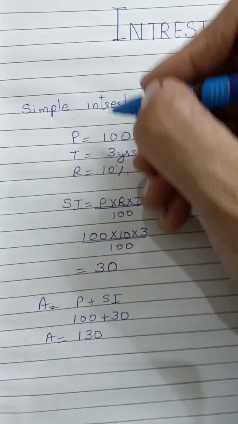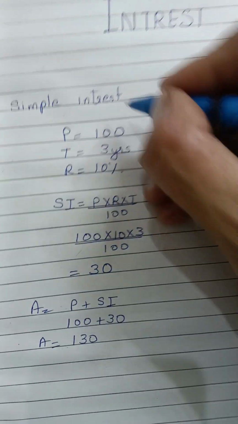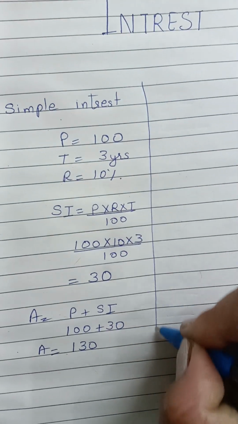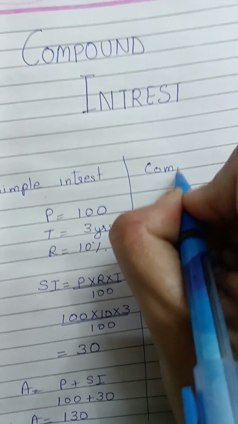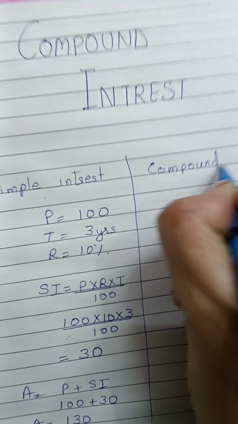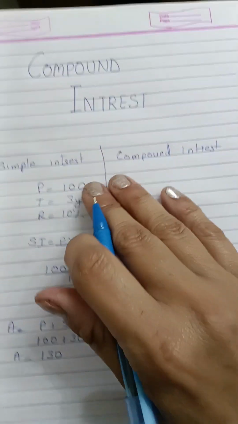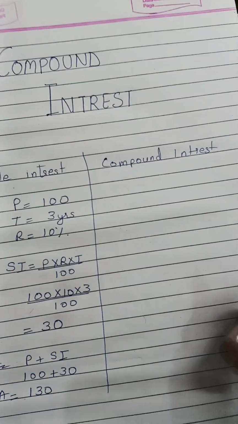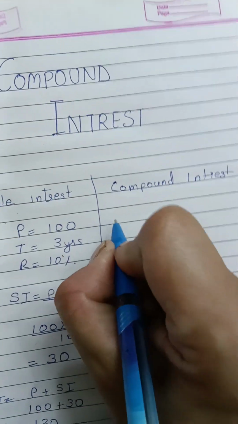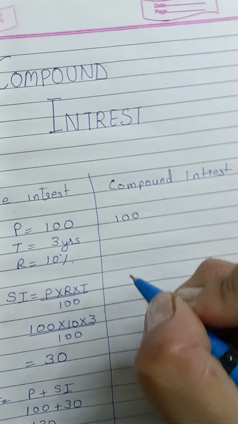Now for the same criteria, if we talk about compound interest, it is like paying interest on interest. For example, my principal was rupees 100.